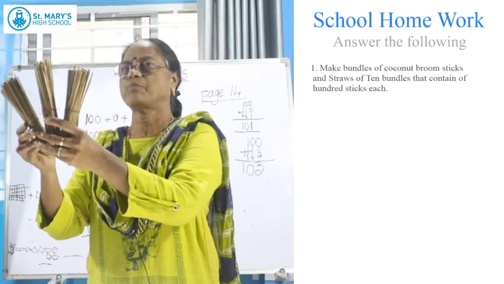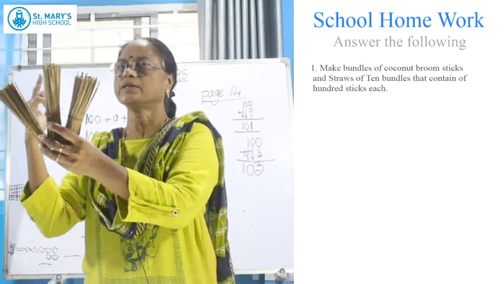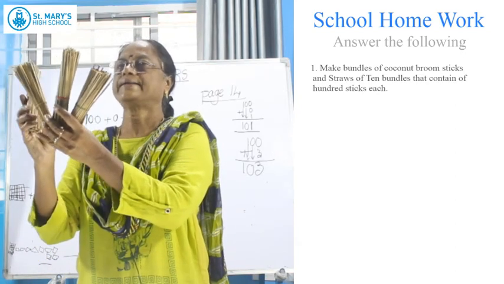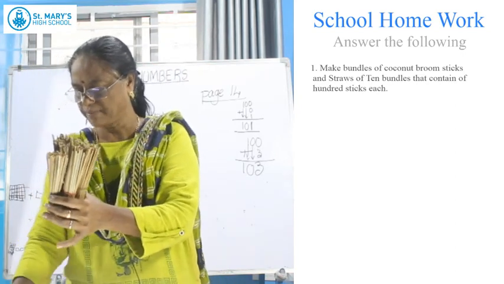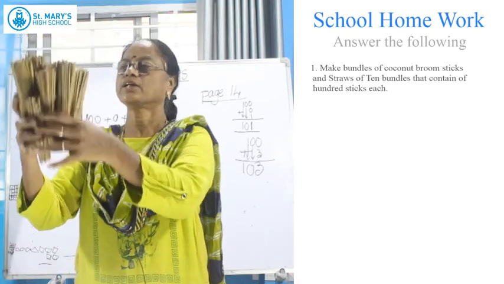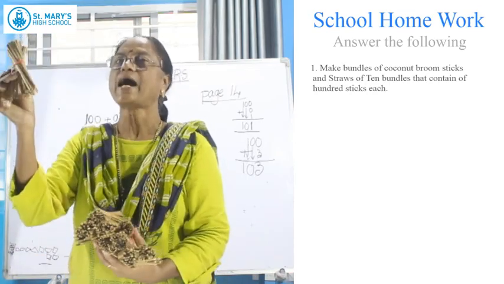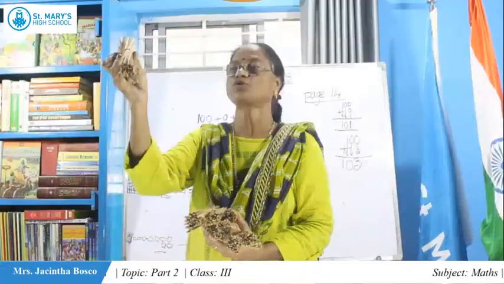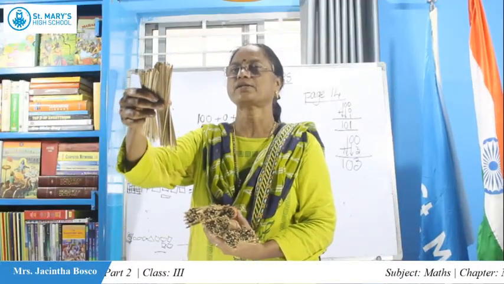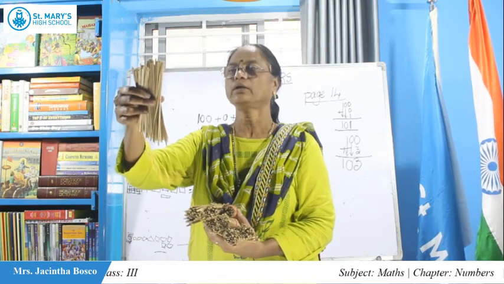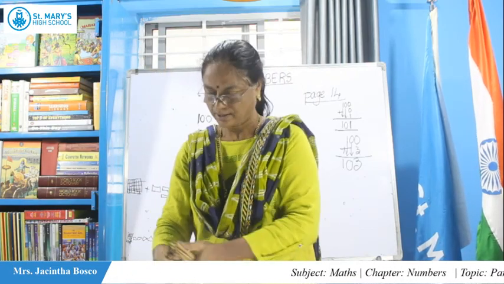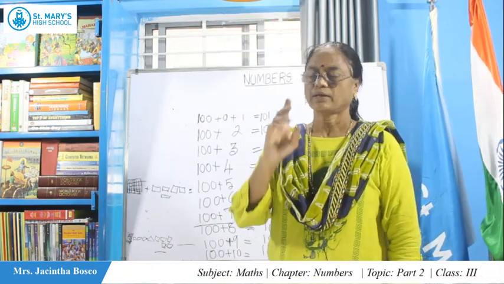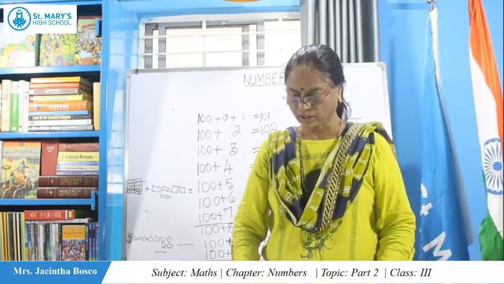If you don't have broomsticks, go buy the straws and make 10 bundles. Each bundle must have 100 sticks. 100 sticks should be there. Okay. Did you make it? Yes. So that's fine. We will see. Make the bundles and bring them tomorrow.